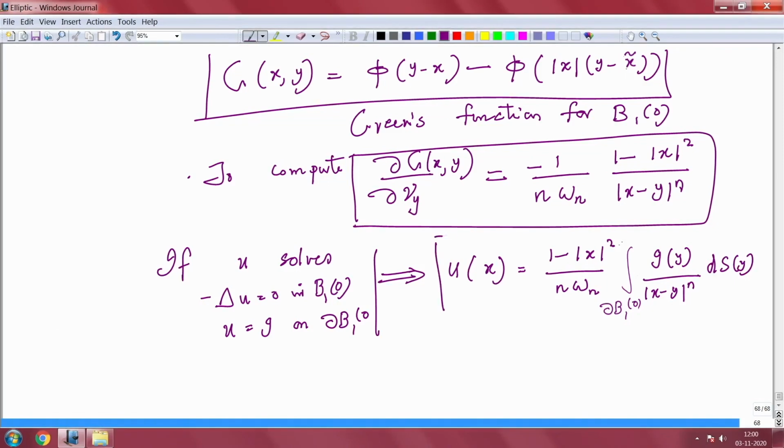Take care of the signs properly. This is the representation formula.